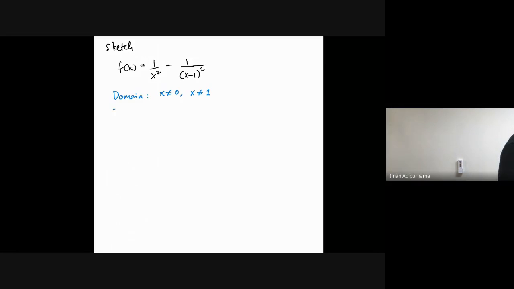And if you want, you can also check the intercept. Because we cannot have x equals 0, maybe we will have y equals 0. Then we can check if f of x is 0. Let me solve this one first.